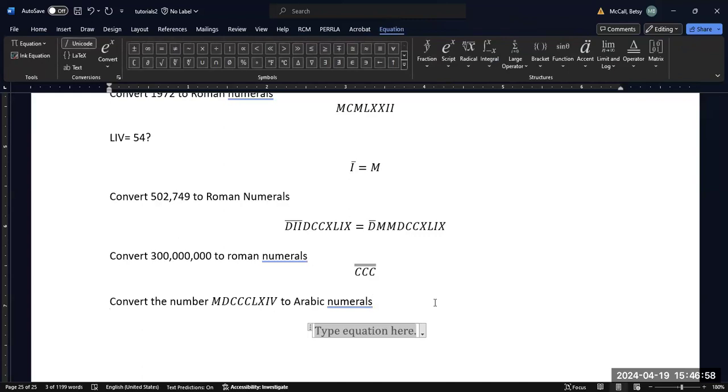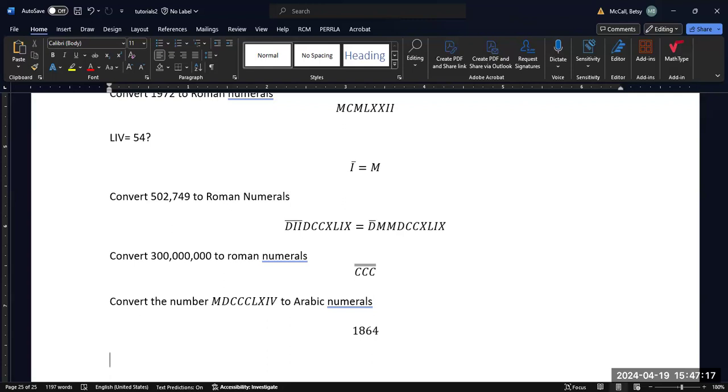So that would be M is 1,000, and then DCCC, that's 800, and then LX is 60, and then IV, remember that's 1 less than 5, which would be 4. So that'd be 1864.